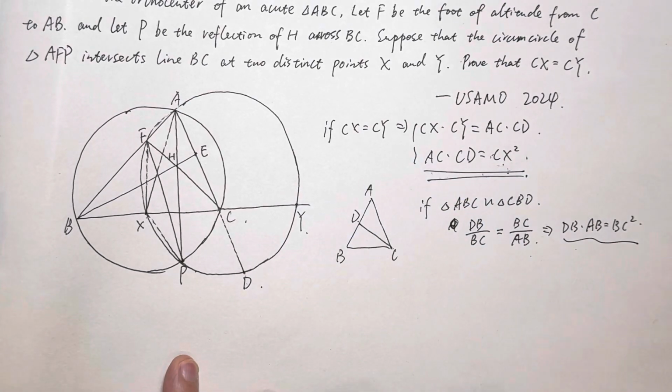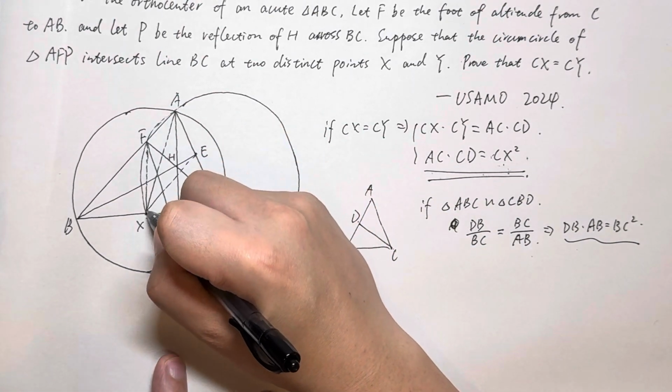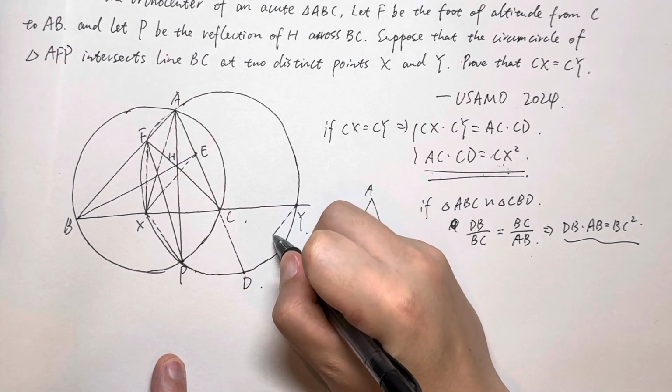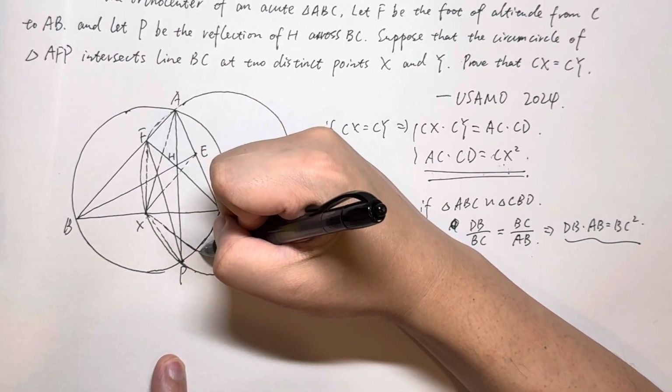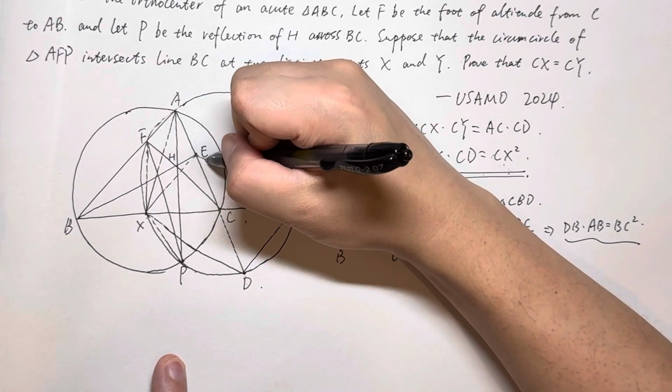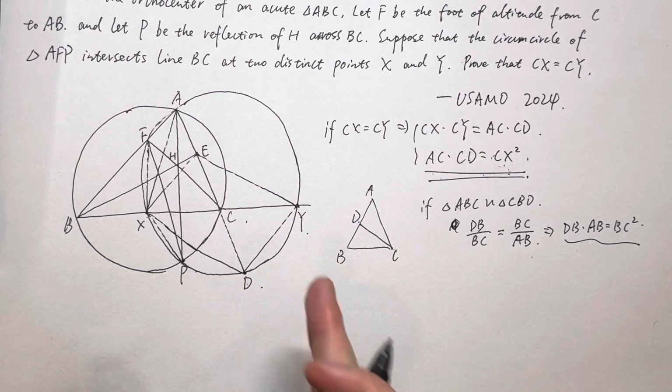Now the problem is turned to this one. So if we connect XE, we connect YD, we connect XD, and we connect EY. Right, we connect these lines.